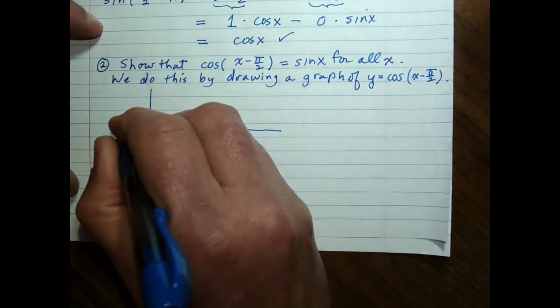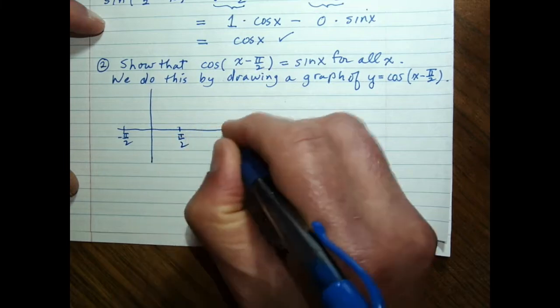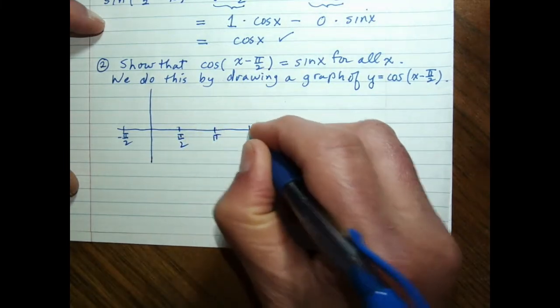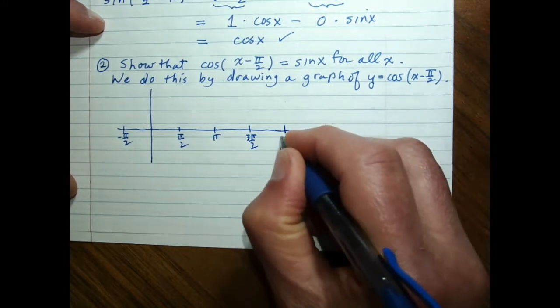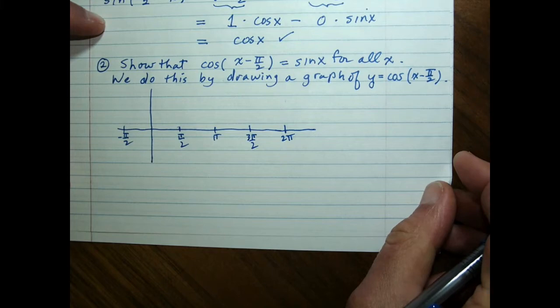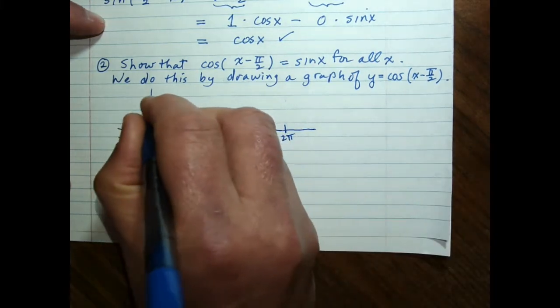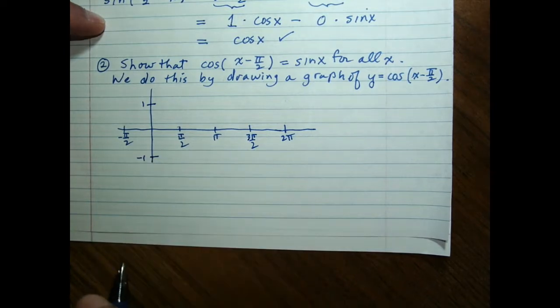And I'm going to label my usual negative pi over 2, pi over 2, pi, 3 pi over 2, 2 pi. So I'm doing a horizontal shift here, and there's no period change. I'm also just taking values between 1 and negative 1, so there's no amplitude change.